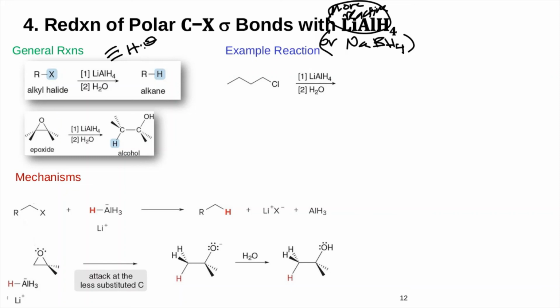So we have two general reactions that we can do with lithium aluminum hydride. And what we're going to see is the hydride is a good nucleophile. Have you heard of good nucleophiles before? On the last test, I think your mind was probably spinning with nucleophiles, right? For substitution reactions. What type of substitution reactions do good nucleophiles do?